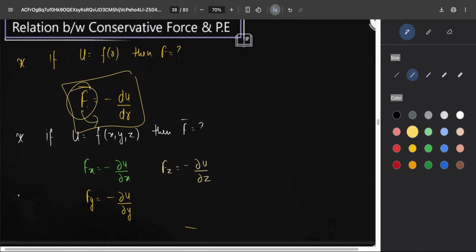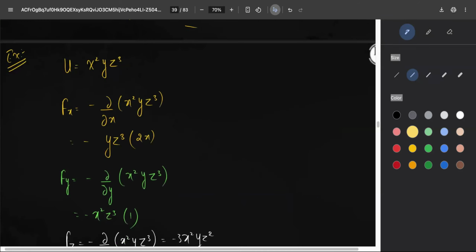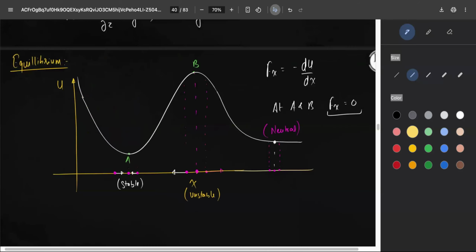So if this force is positive, this change in potential is going to be negative. The sign conventions of both are reversed with respect to each other.